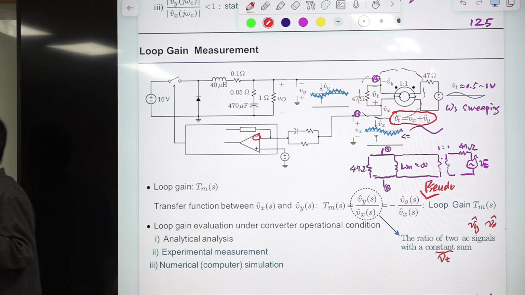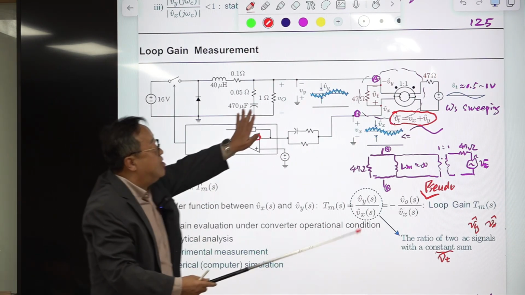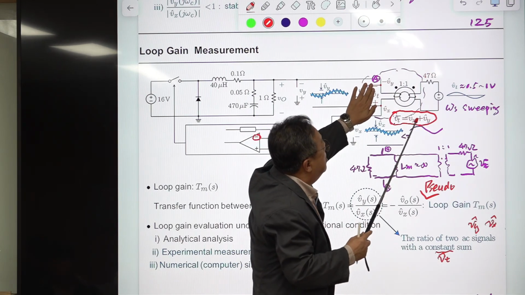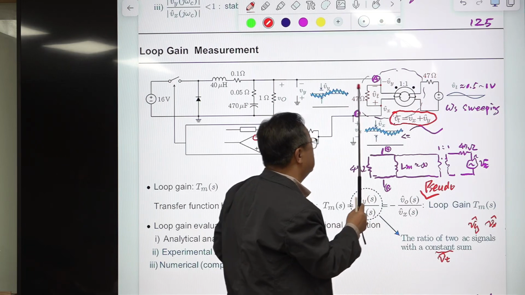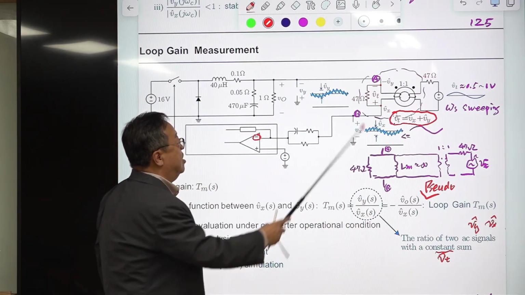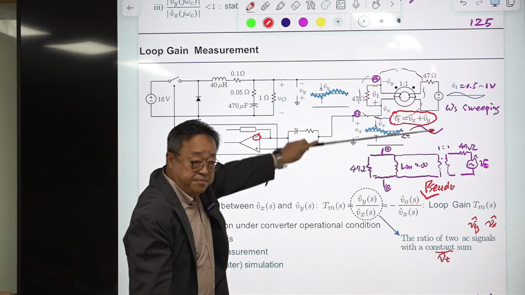When I was studying this, I just wondered why this without this. They didn't specify this. Why should this be the loop gain? Very strange. But the trick is here. This is a very profound fact.